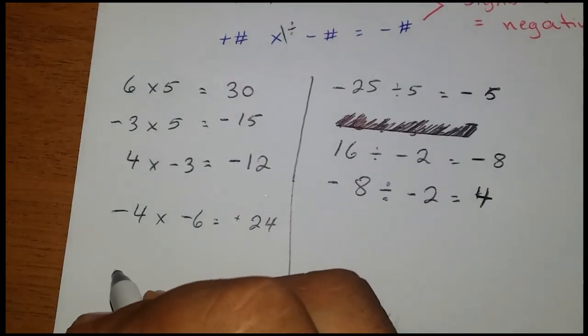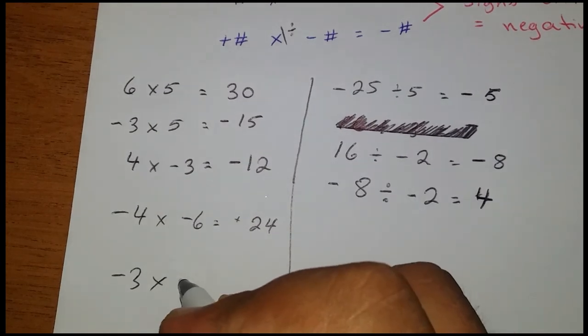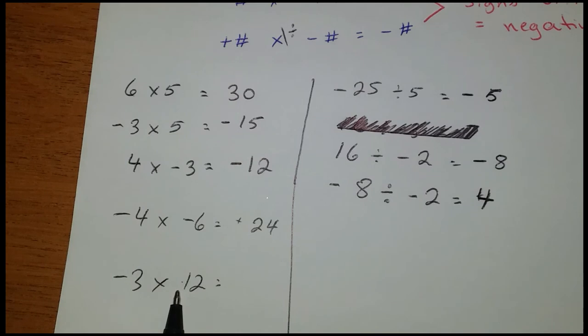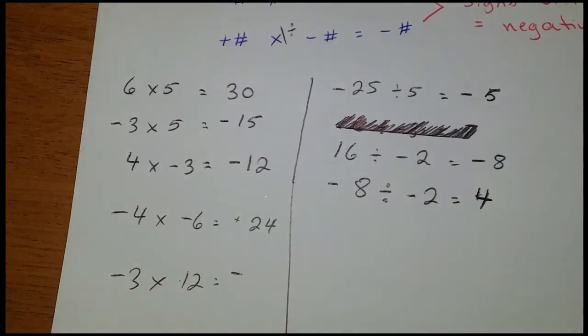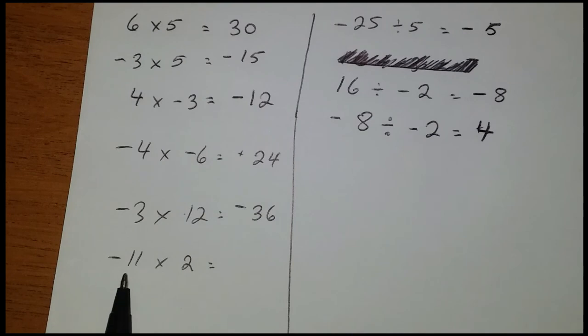If we go with another one, negative 3 times positive 12, signs the same, positive, signs different, negative. I can see that they are different, so my answer is negative. And then 3 times 12, my answer is 36.